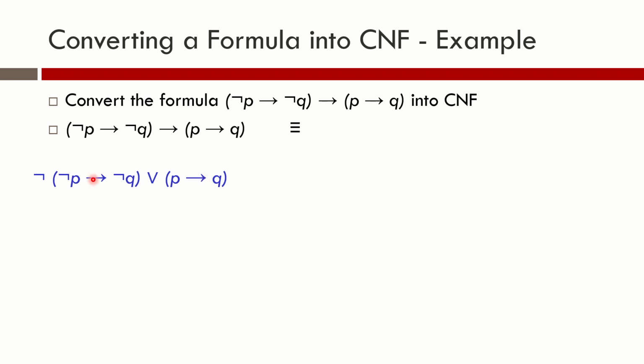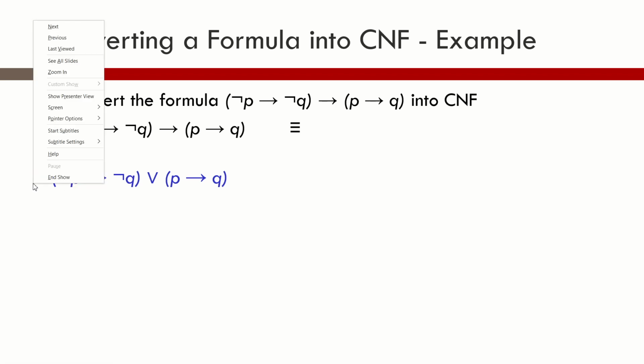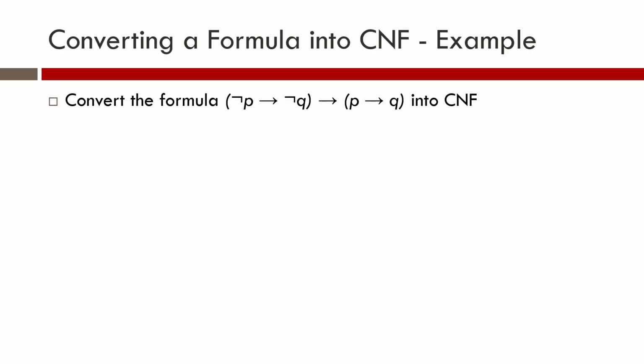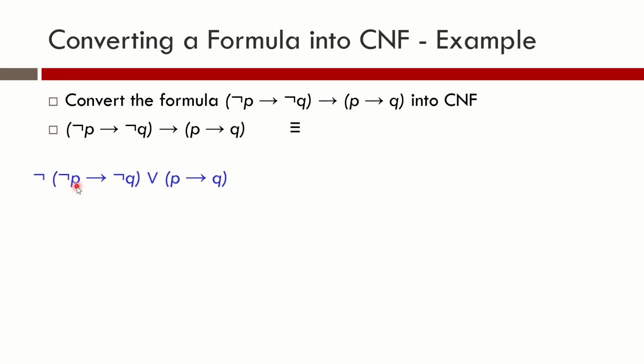To eliminate this implies operator, we convert it as negation A or B. So this will be converted as negation of (negation of negation P or negation Q) or (negation P or Q).